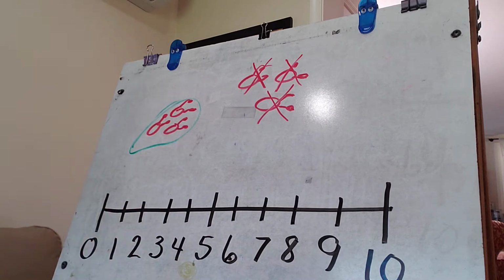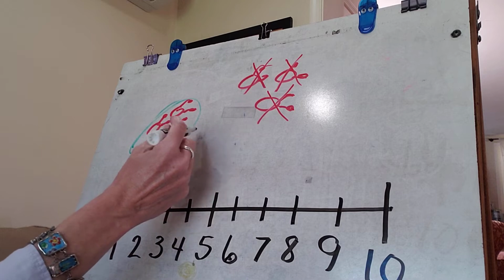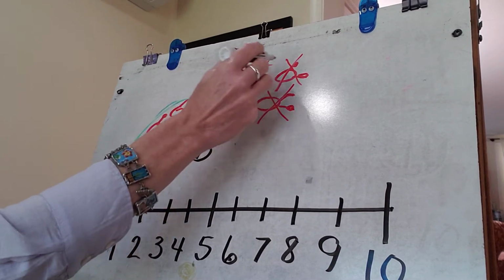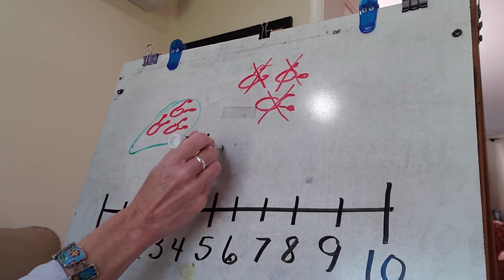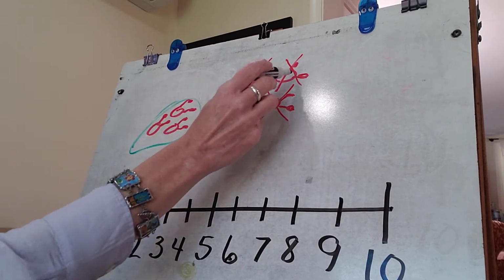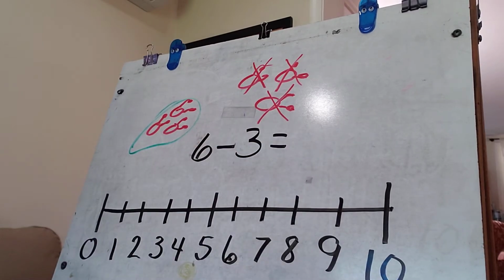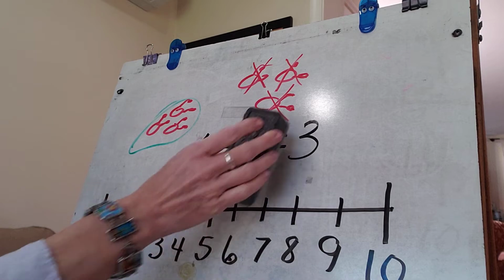So that's one of our subtraction stories, and then I could write that subtraction story. I could say I had 6 ladybugs all together, minus the 3 that fly away, equals how many ladybugs are left on my leaf? 3. Okay, so that's my subtraction equation.